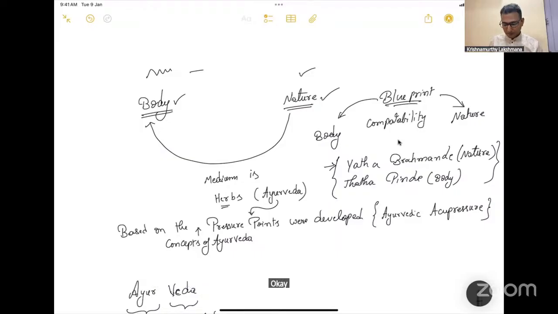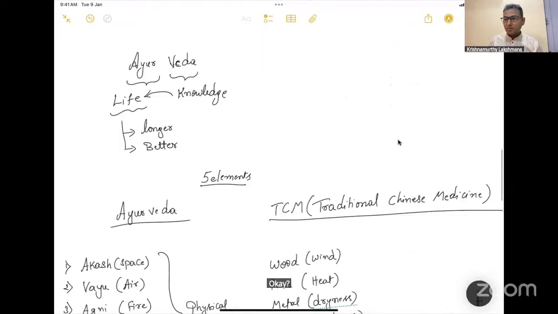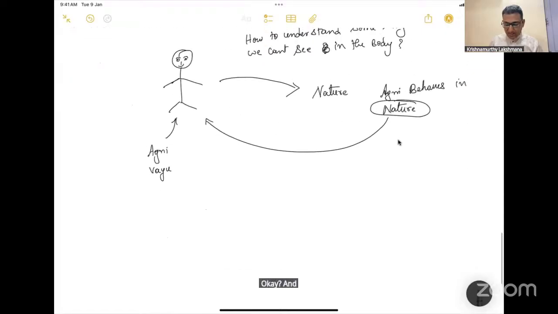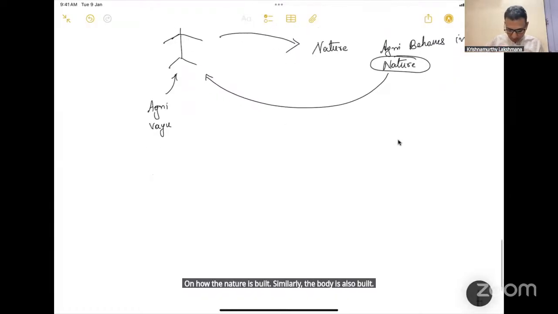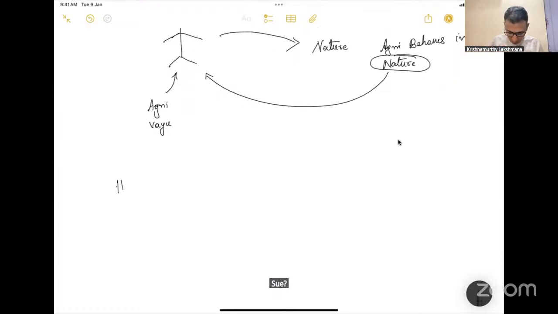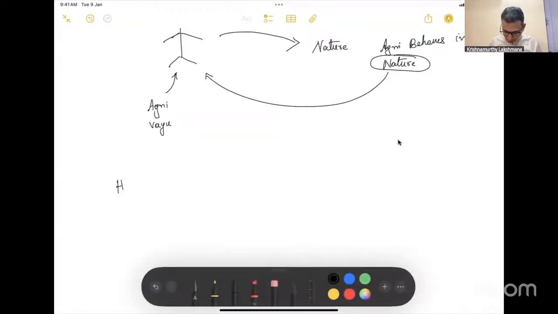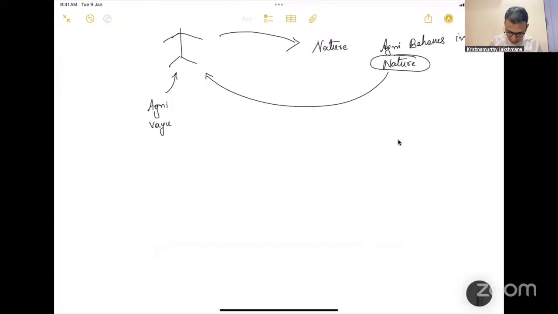Okay. And this blueprint of how nature is built, similarly, the body is also built. Right? So, how? Say, for example, you take an apple.